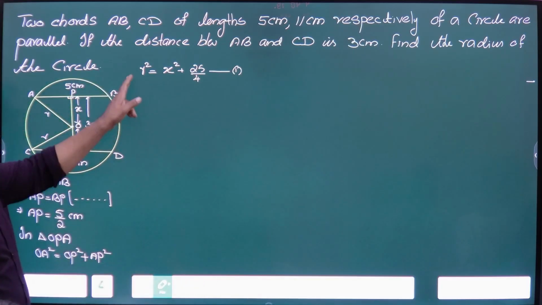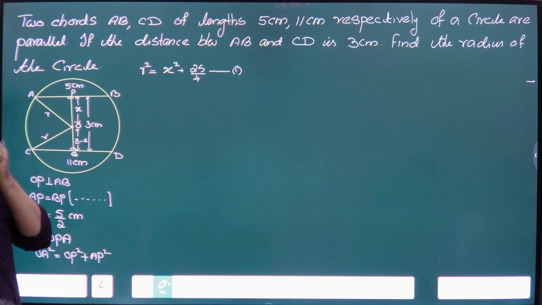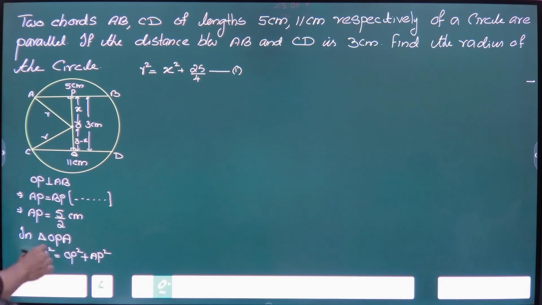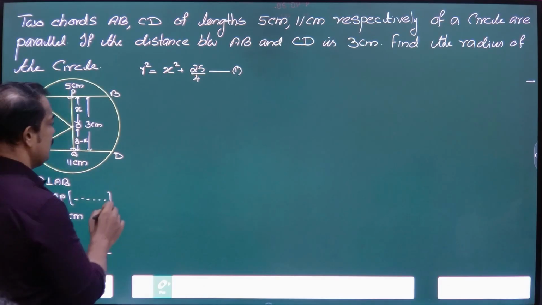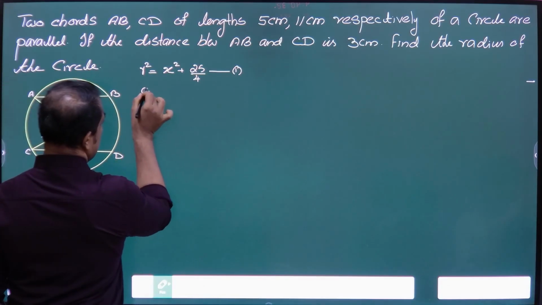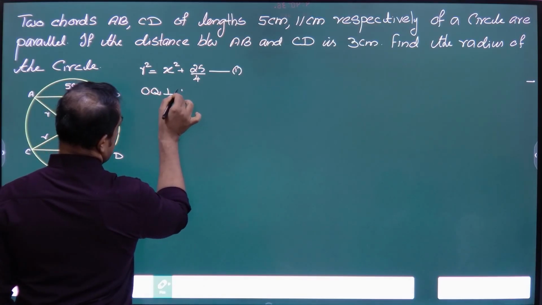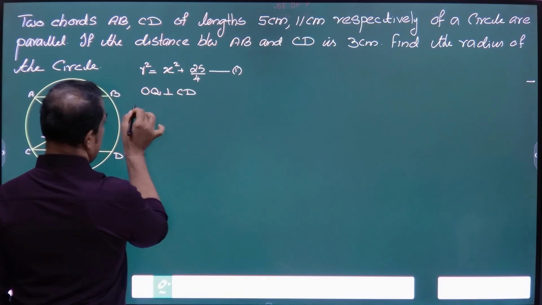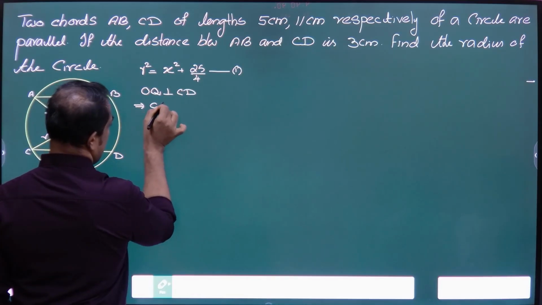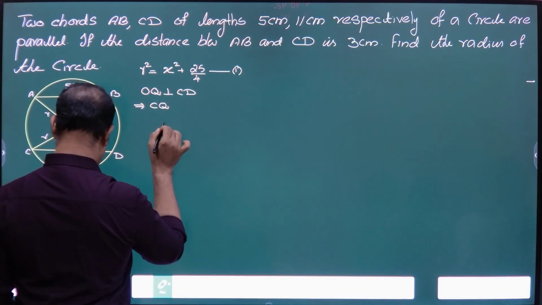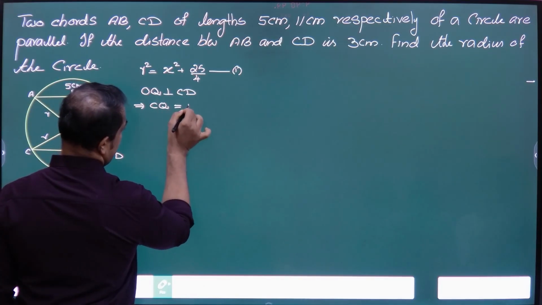The two variables are R and x, so it is not possible to find the value. You have to make one more equation. So use another triangle. First write down OQ perpendicular to CD implies CQ is equal to DQ.